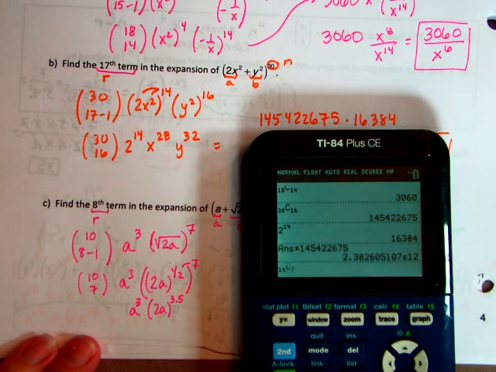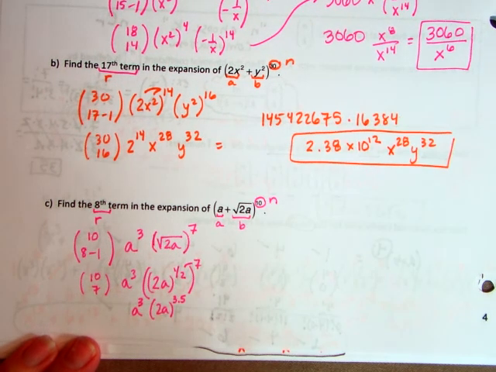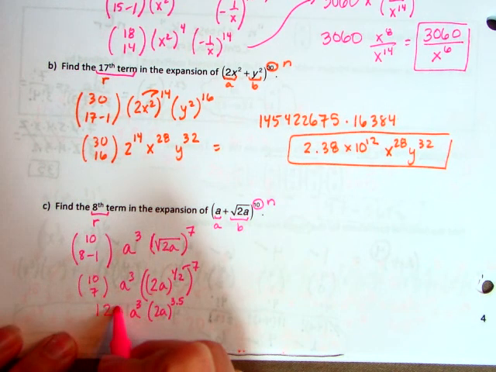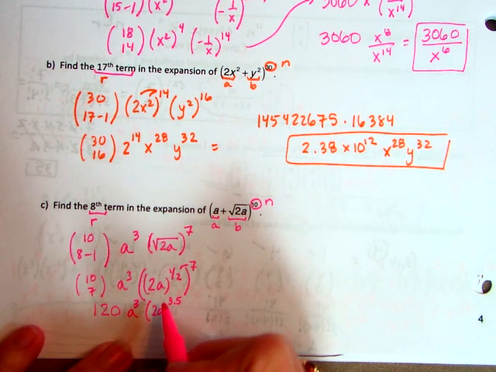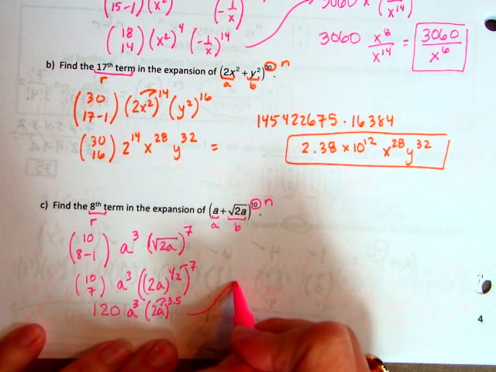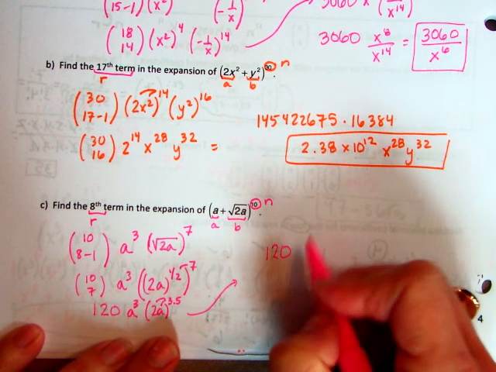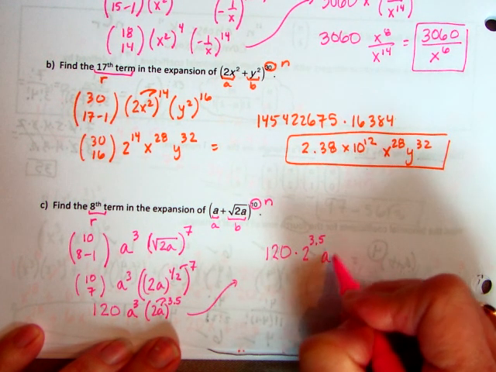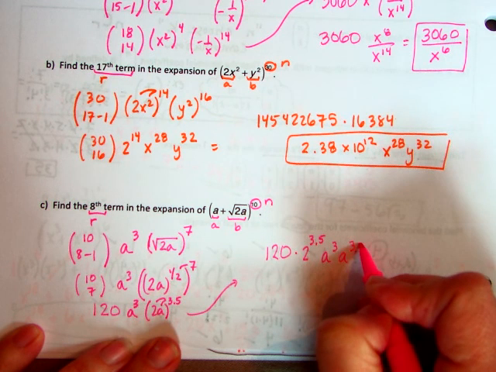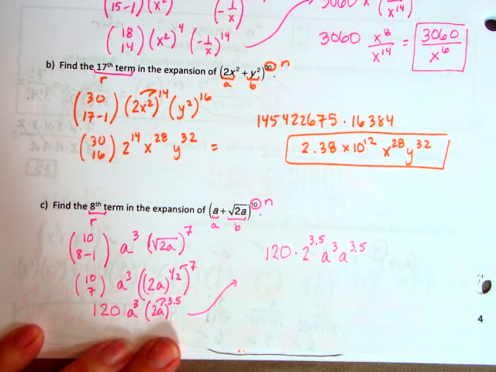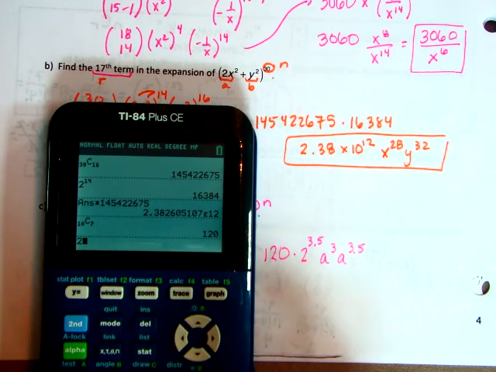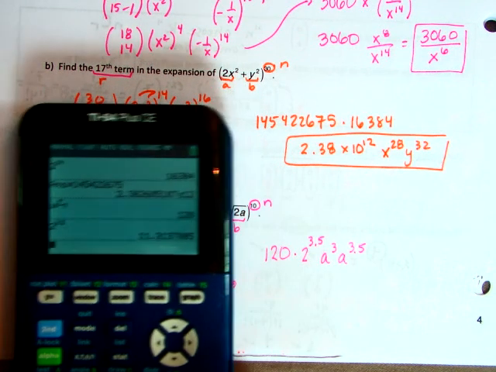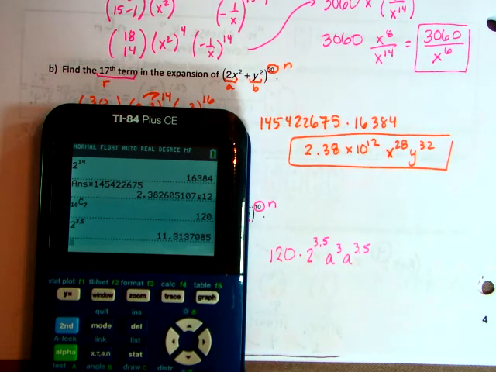I've got 120 times 2 to the 3.5, a to the 3rd, a to the 3.5. So 2 to the 3.5, let's try it. Okay, so that's kind of weird, right? And it doesn't look very exact to me. So let's not do that. Let's go back to 7/2. Okay, right? Let's think about it that way.